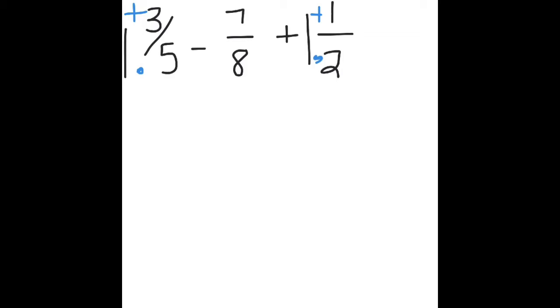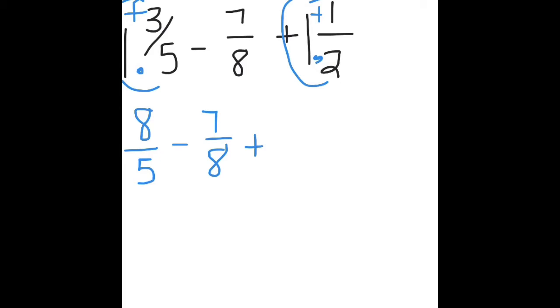And it's easiest if you just do that right off the bat. So we're going to perform that C thing. 5 times 1 is 5, plus 3 is 8. So I really have 8/5 minus 7/8 plus 2 times 1 is 2, plus 1 is 3/2.